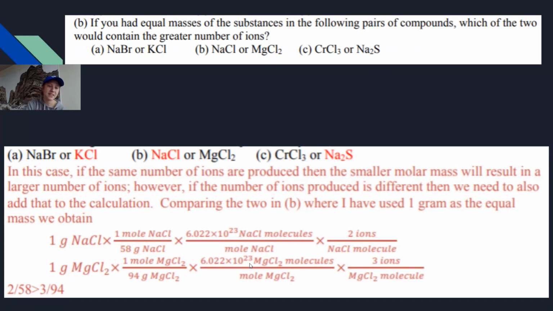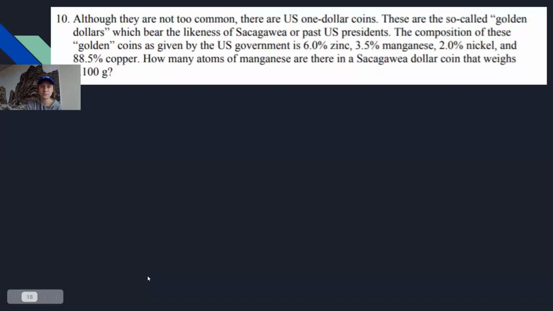But in the case of NaCl versus MgCl2, even though MgCl2 has more ions per molecule, it has a way bigger molar mass, it's like 40 grams per mole bigger. And so you're dividing by a much larger number. So yeah.